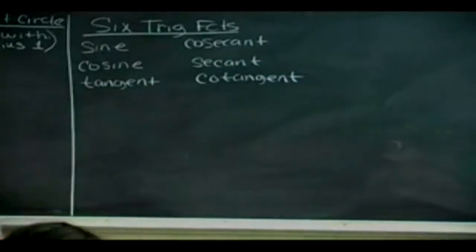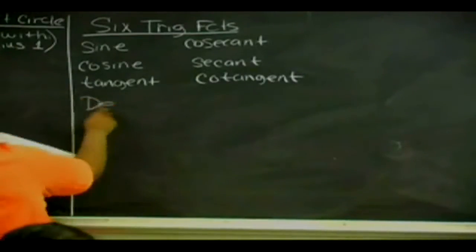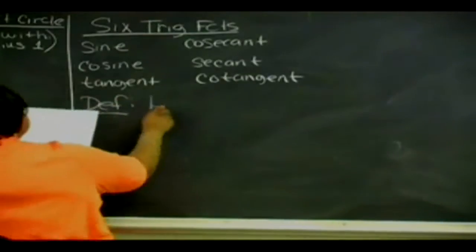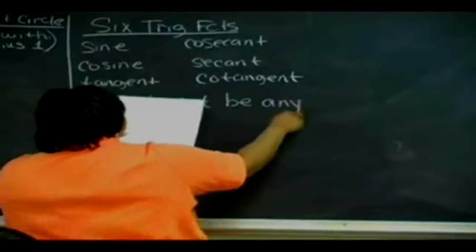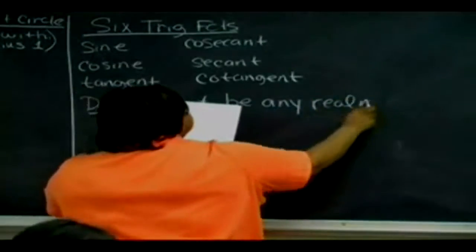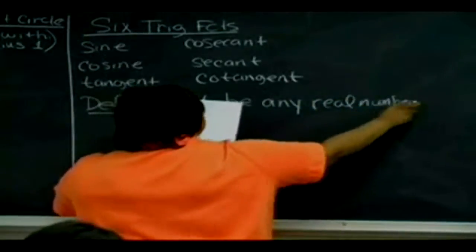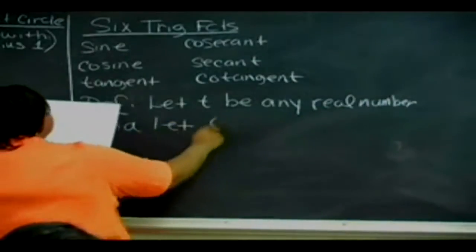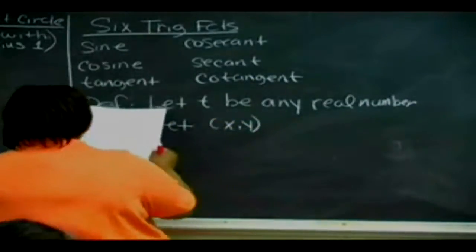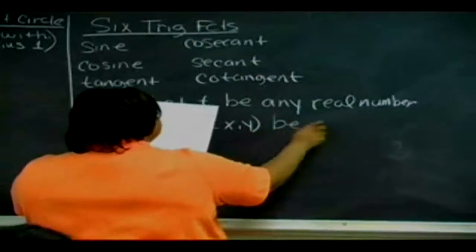Okay? Those are our 6 trigonometric functions, and we want to define them based on this circle stuff. Okay? So let's look at a formal definition. Let t be any real number, and let x, comma, y be a point on the unit circle.